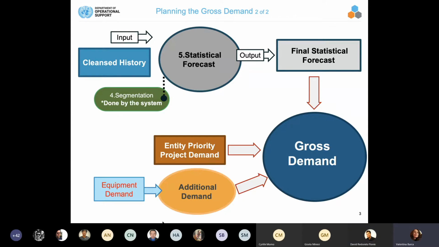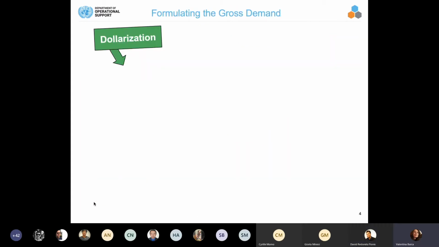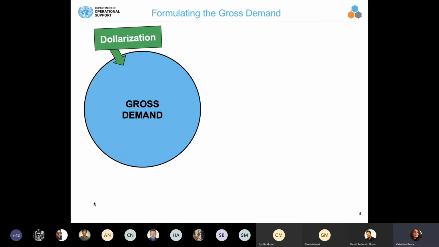So now we have our gross demand, which is basically a quantity in the case of goods and obviously a value in the case of services. Now the next process will be dollarization, which is basically calculating the value of this demand.